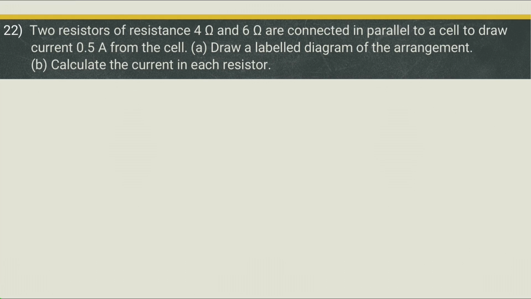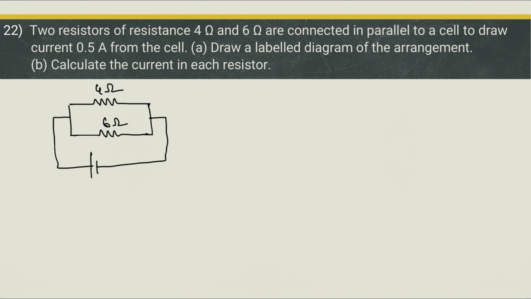Next, two resistors of resistance 4 ohm and 6 ohm are connected in parallel to a cell to draw current 0.5 ampere from the cell. Draw a labeled circuit diagram of this arrangement. 4 ohm and 6 ohm resistors are connected in parallel to a battery or to a cell, and because of this arrangement the current drawn from the cell is 0.5 ampere.